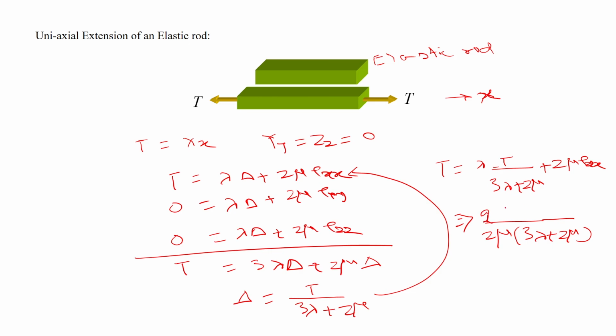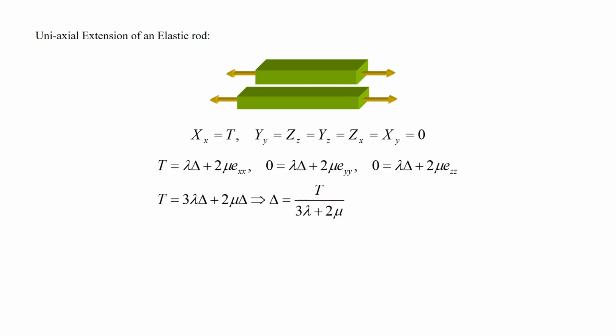So, it is 2 into lambda plus mu, I hope I am doing it right, and this is equal to Exx. So, here this 2 and 2 get cancelled. So, you have lambda plus mu.